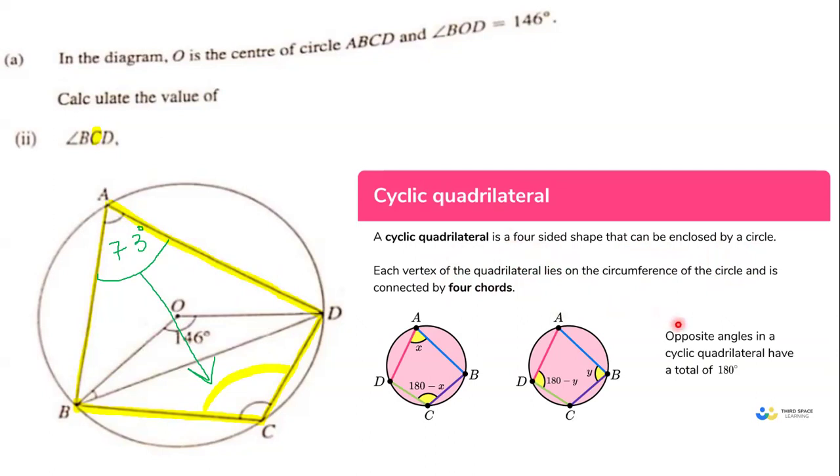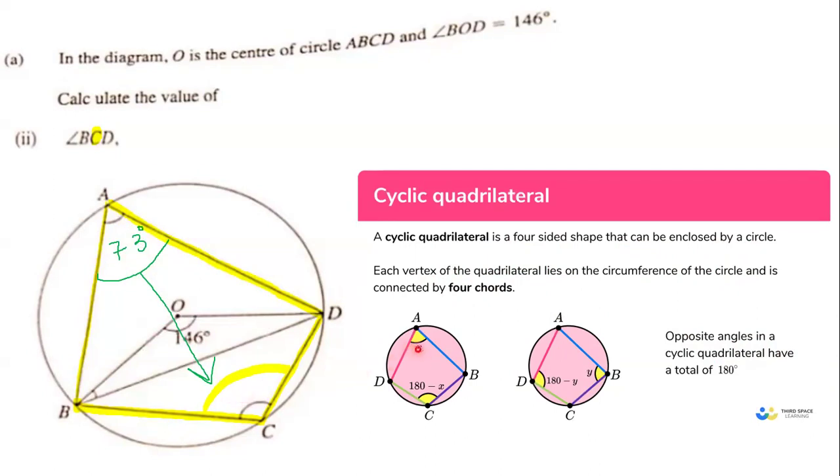And the theorem says that opposite angles in a cyclic quadrilateral have a total of 180 degrees, which means that these two angles add up to 180 degrees. So if we know that this one is 73, in order to figure out what this one is, we're just going to say 180 minus 73.